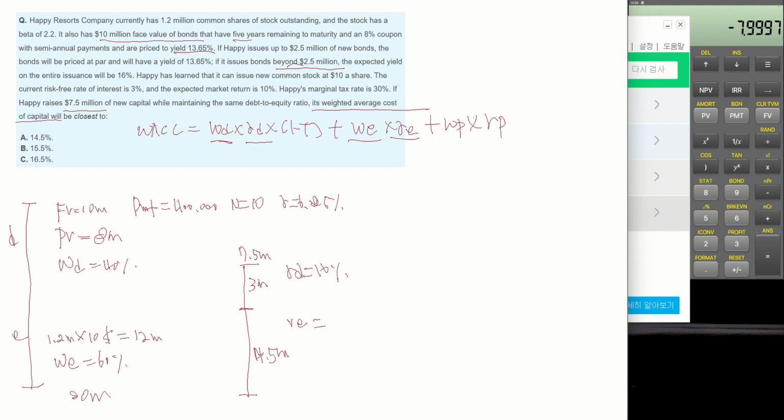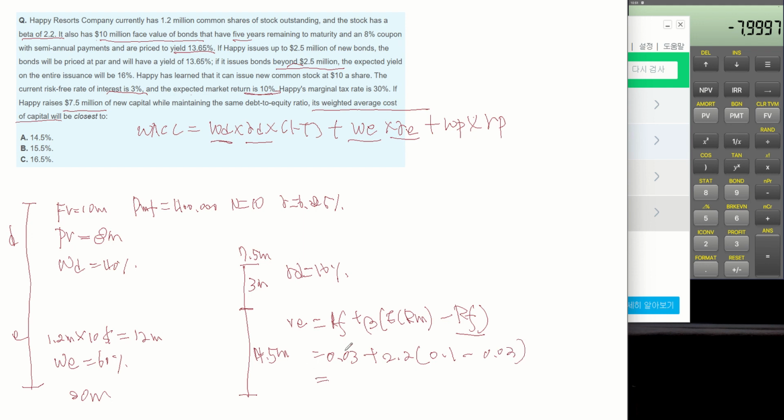Cost of equity, according to the CAPM approach, becomes the risk-free rate of interest plus stock beta multiplied by expected market return minus risk-free rate of return. In the question, it said the risk-free rate of return is 0.03, the stock beta is 2.2, the expected market return is 10%, and the risk-free rate is 0.03.